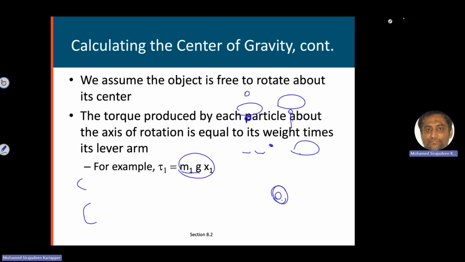For m1g, the torque will be m1g times x1, if we take the y-axis as the rotation axis, because the distance of m1g to the y-axis is x1. Torque from the second mass, m2g, will be m2g x2, and add them all, and we'll say it is equal to the torque from the entire mass concentrated at the center of gravity point.